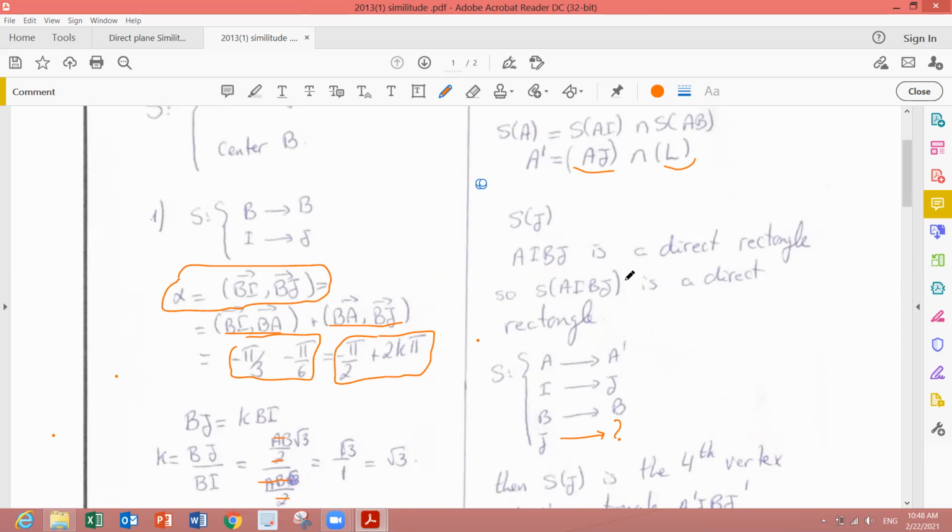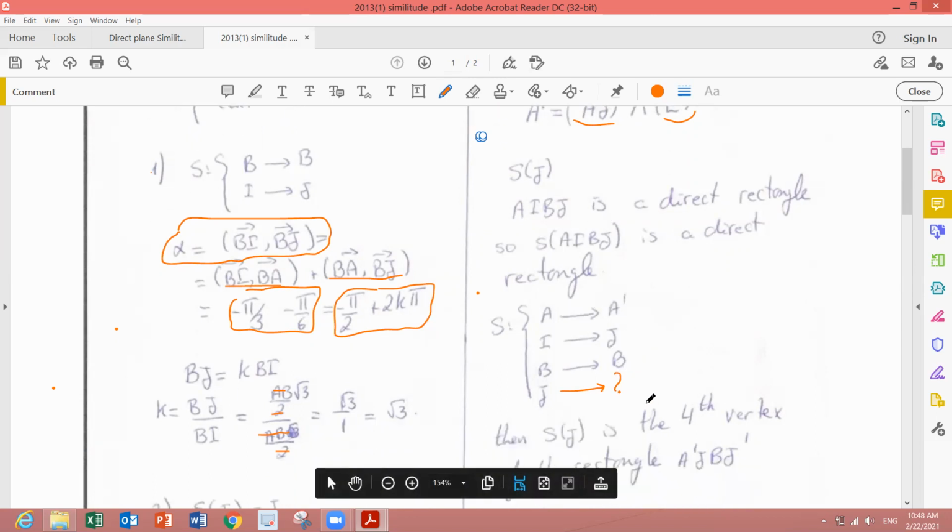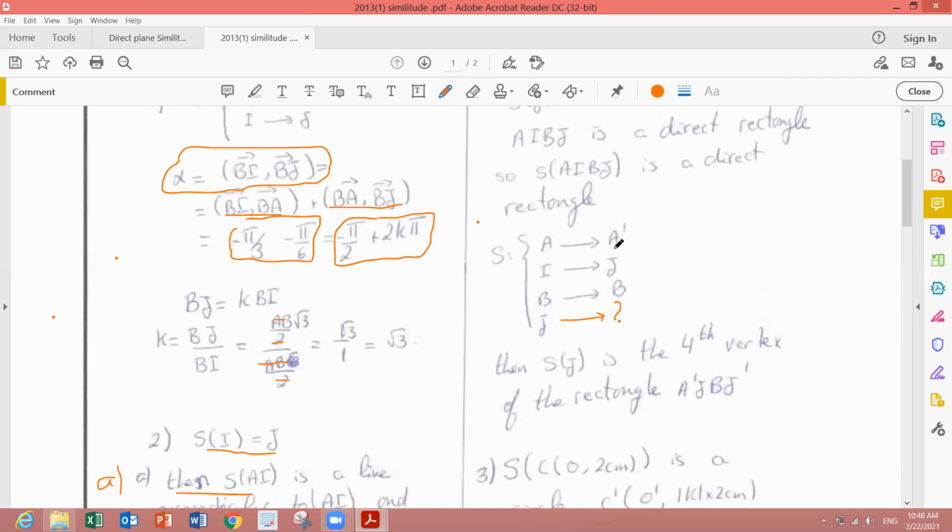So S of J is the fourth vertex of the rectangle A prime J B J prime. I named it J prime.